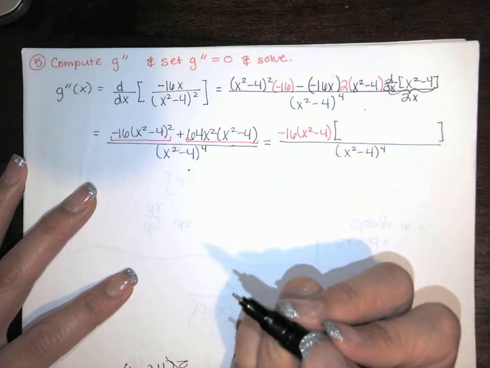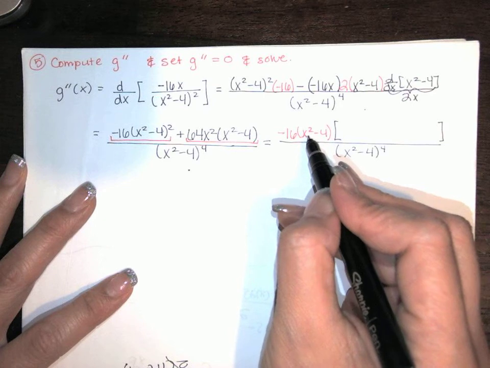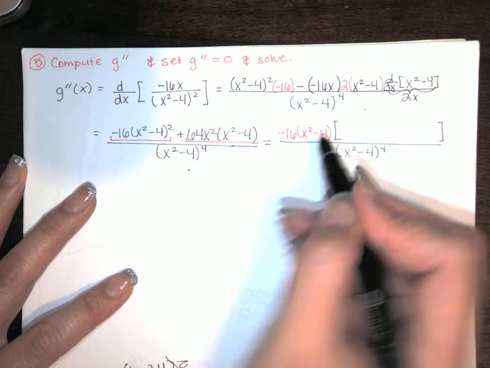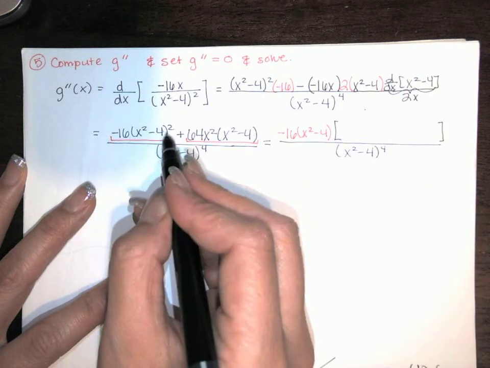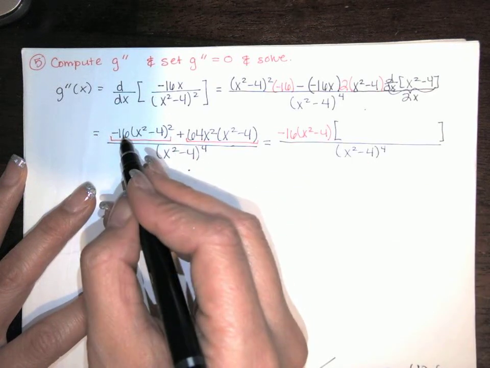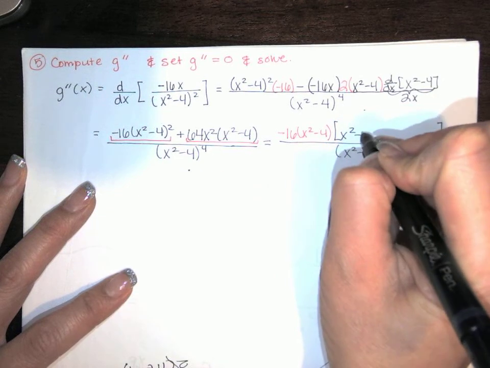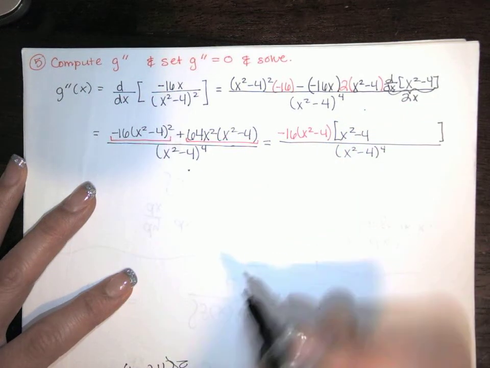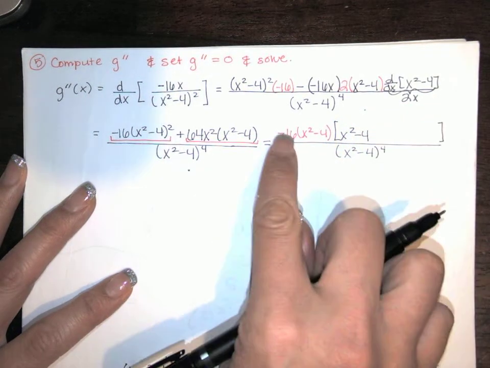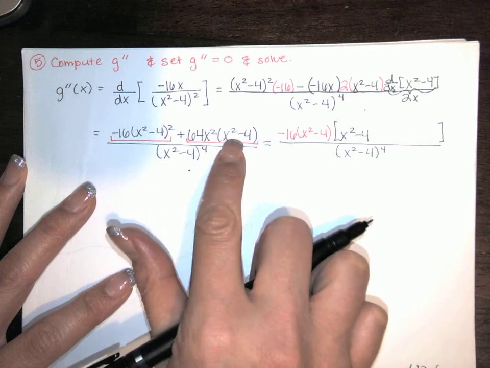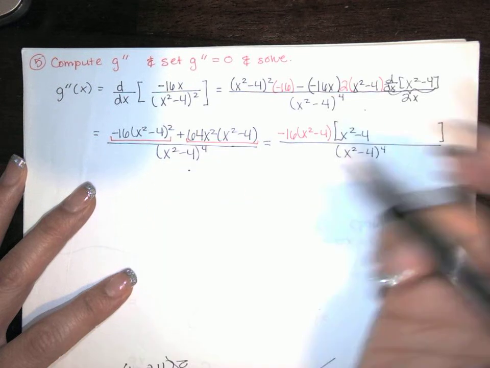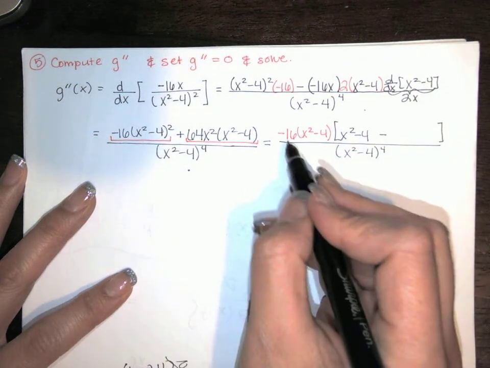And then I ask myself, negative 16 times x squared minus 4 times what will give me the first term? Well, I've already got the negative 16 and the x squared minus 4. I need one more of those. So that goes right there. And then I ask myself the same thing. This times what will give me this? To get a positive, I'll need a negative.